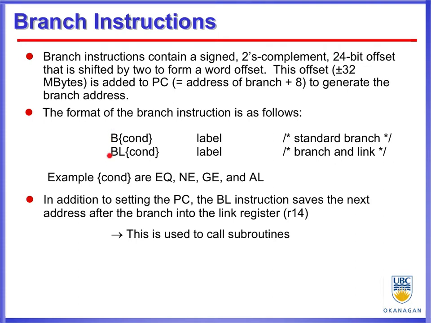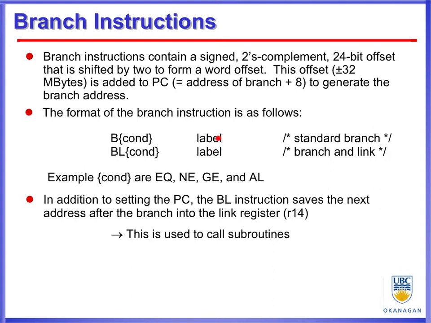So we have two different branches. We have just the plain old-fashioned branch, which means if this is true, I'm going to branch down here. If this is not true, I'm going to keep going with the next instruction, okay? And we can make them conditional, like we've seen: branch if equal, branch if less than, branch if greater than or equal to, followed by a label which stands for a memory address.